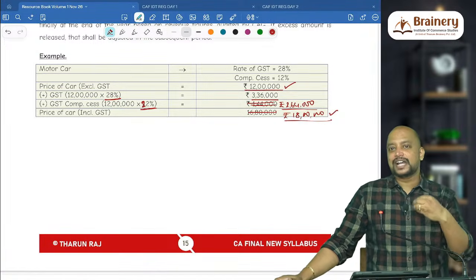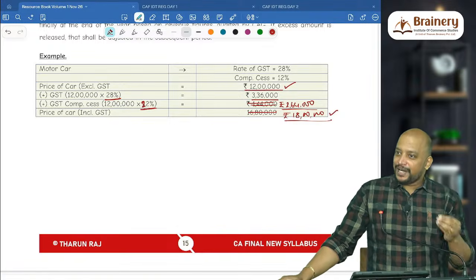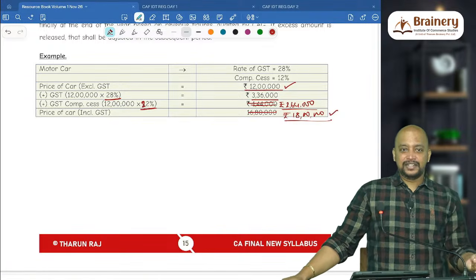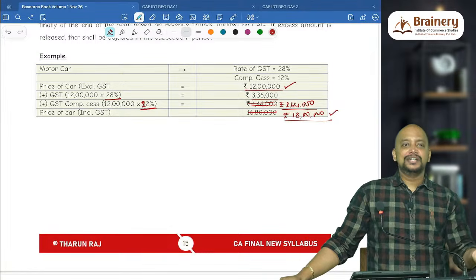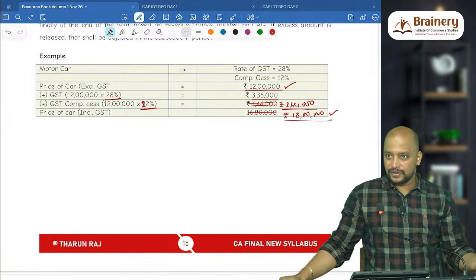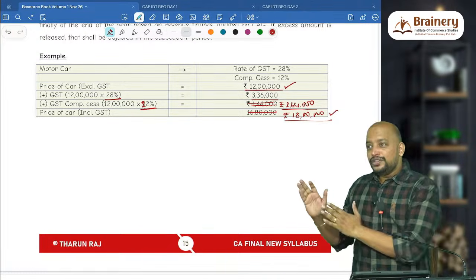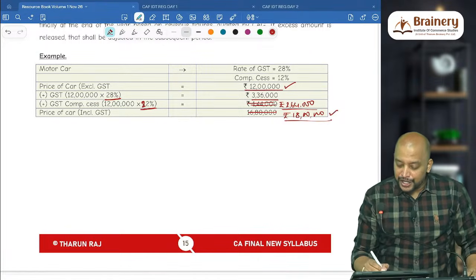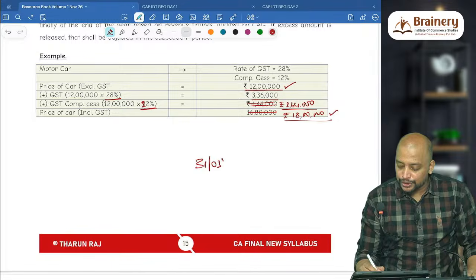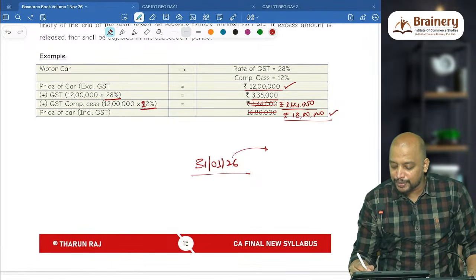See, I am not against any government, but this is a democracy. In a democracy, we have every right to speak about the things which are happening to us, okay? And what they did, 50%, anyhow by 31st March 2026, the rate is going to be 28%.